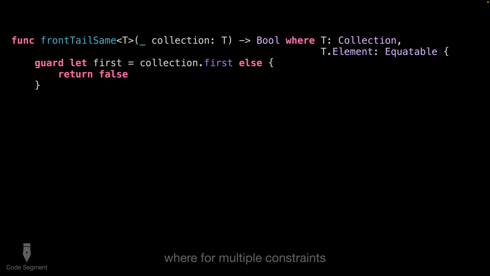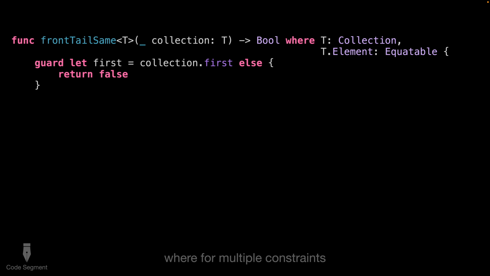And the associated type Element on T must adopt and conform to Equatable, right? Now T has access to this associated type Element, even though we don't define it anywhere here, because that's an associated type on Collection. And by this point in time, we've already told the compiler, hey, T conforms to Collection, which means it has an Element associated type.